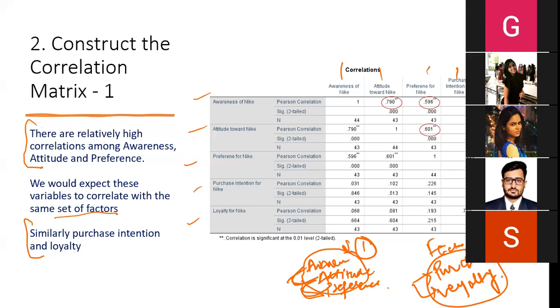Two. So the first group has what variables? Awareness, attitude, and preference. And the second one has purchase intent and loyalty. So after running this correlation matrix, this is just to give an initial idea.